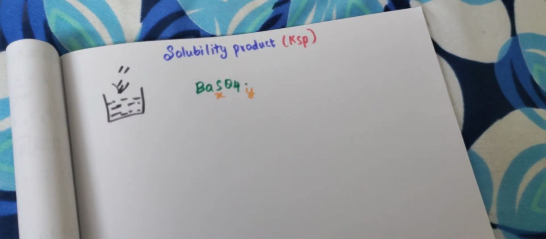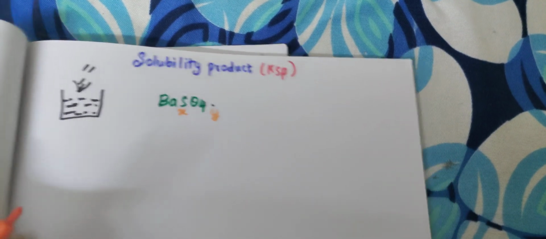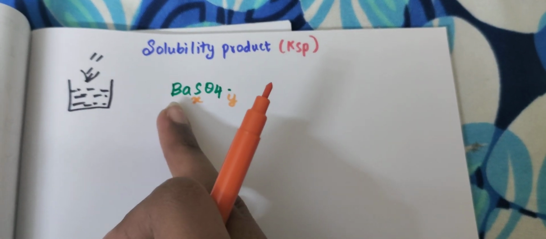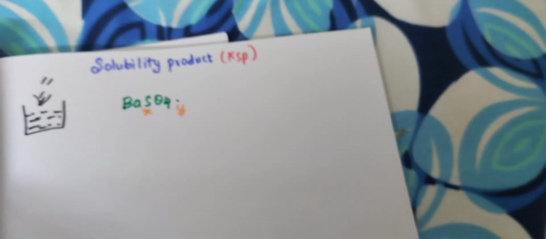The number of atoms you find in the Ba will be X, and the number of atoms you find in the SO4 will be Y.